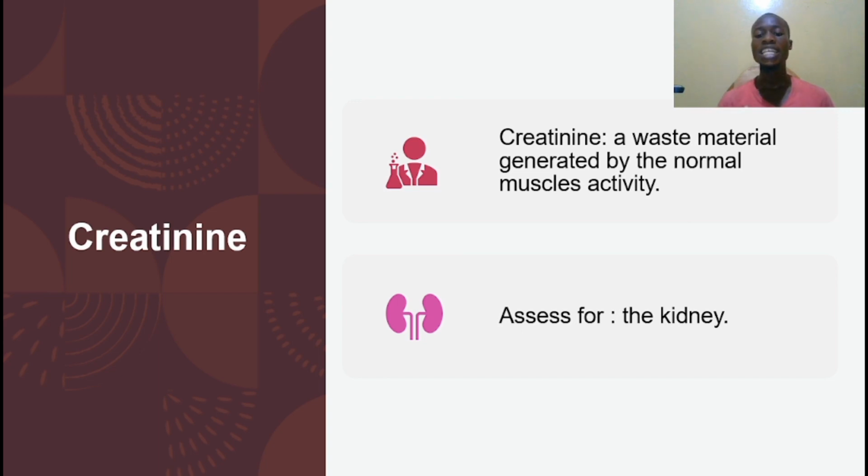So creatinine is something that the kidney should not reabsorb. It is something that should not be high within the human body. So if there is a high level of creatinine in the human body, then that means this person will have a serious kidney problem. So lastly, let's look at the laboratory values of the basic metabolic panel test.